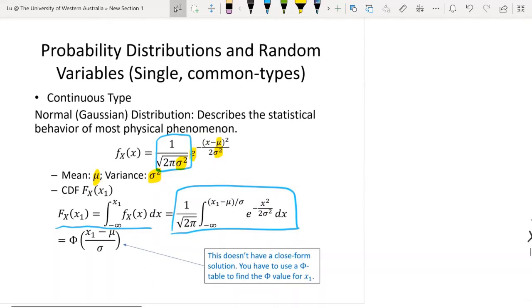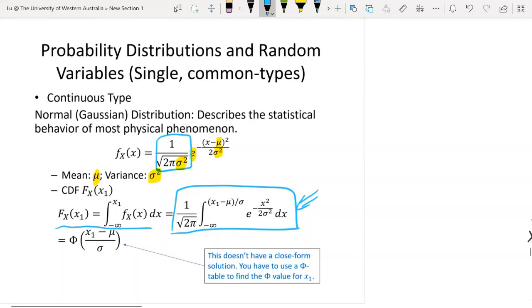So in other words, we will not be able to use a formula to determine the values of the CDF directly. Then for such a formula, we have to use a table which maps the input parameter to the CDF to indicate the result of the CDF curve. Okay, so for this case, I will not ask you to calculate the CDF curve or values by calculation. I will just ask you to check tables.